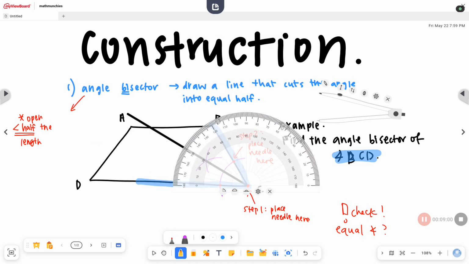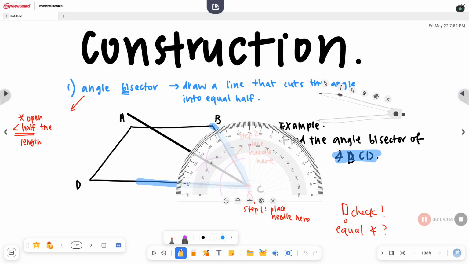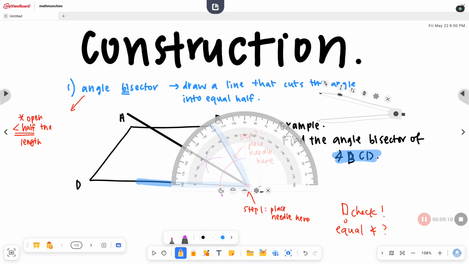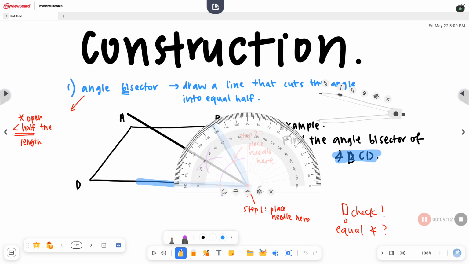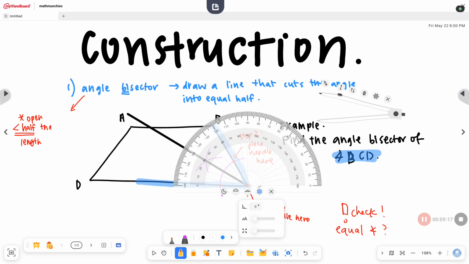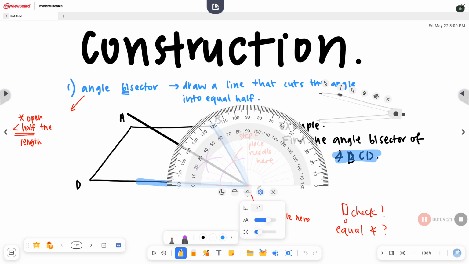Oh gosh, how do I turn this? Can I turn this? Oh no. Where can I turn? Oh no, how do I turn?